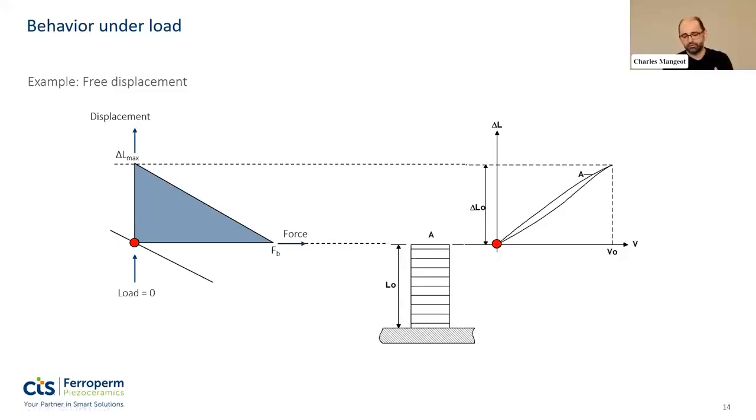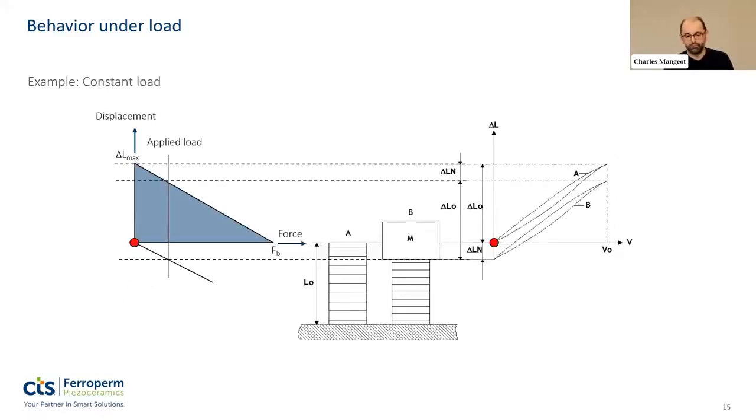If the actuator is completely free, you go from 0 volts to maximum voltage, so you apply voltage, then obviously it's not going to generate any force, so it's going to move along the vertical on that diagram, and it's going to go all the way to the maximum displacement. So if you plot it against the voltage, you start from here at 0 volts, and you go up to the free displacement at the nominal voltage. So this is very, very easy, hopefully.